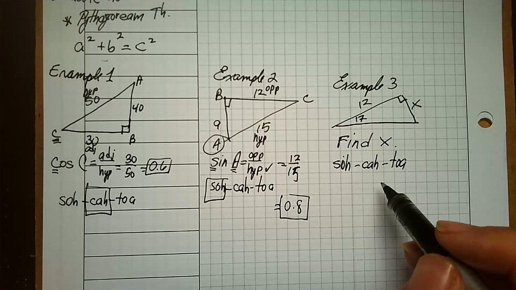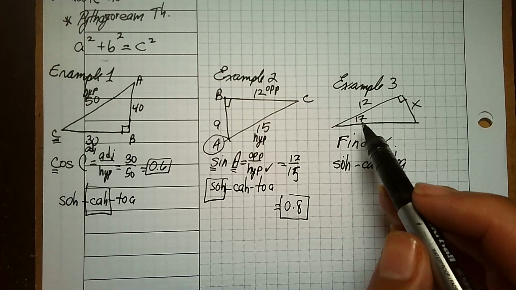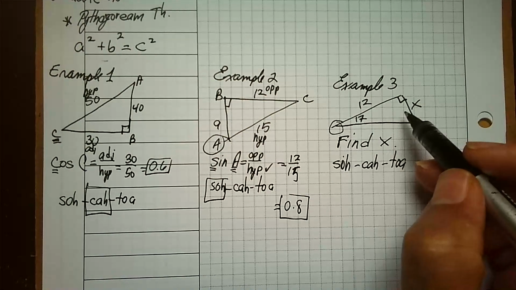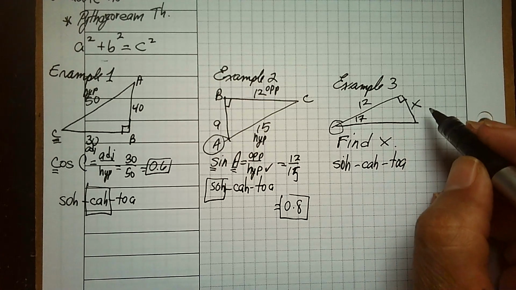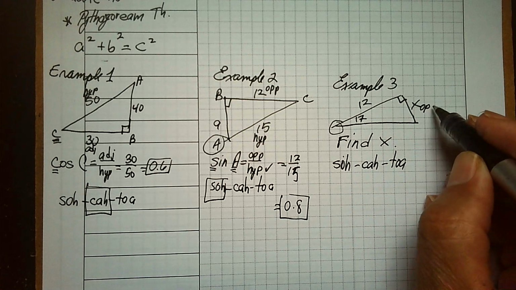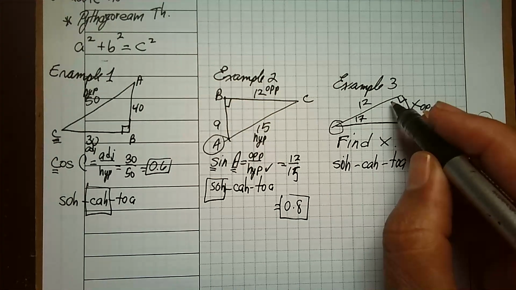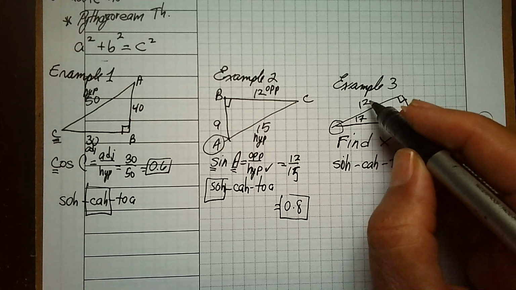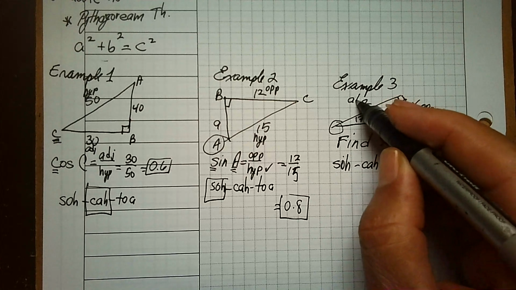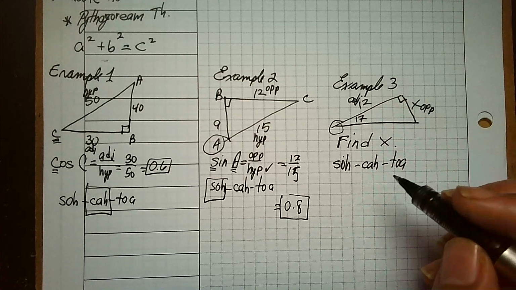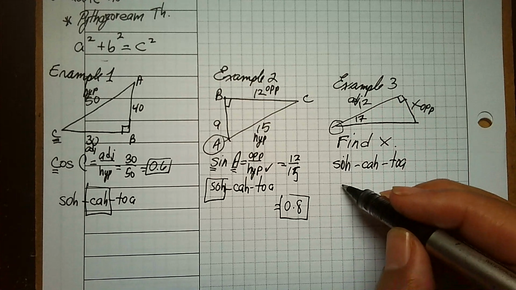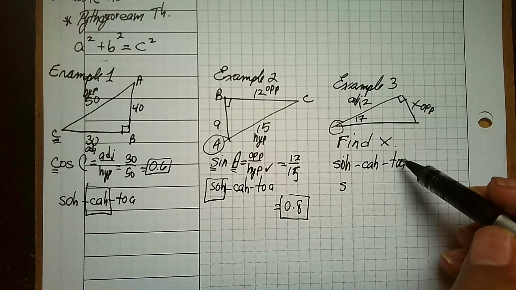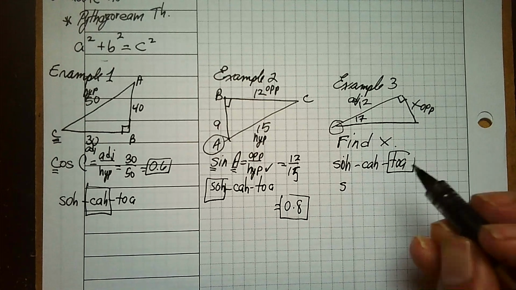So let's see what they gave me. They gave me this angle. Now if I'm standing here, I know this side, and this side is furthest away, so this is the opposite. And I know this side, which is right next to it, so this side will be the adjacent. Well, they gave me opposite and adjacent, so that tells me that I'm going to be using TOA.